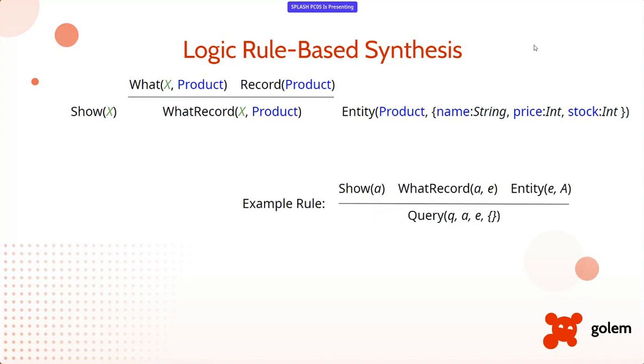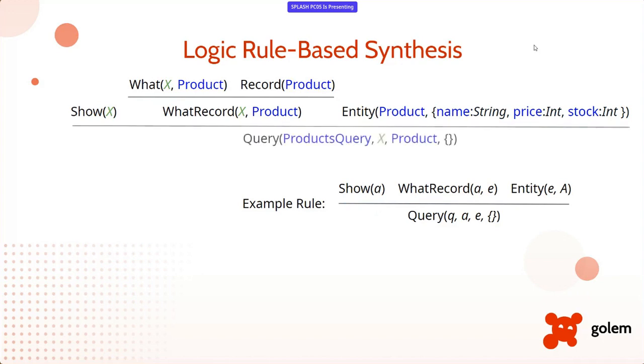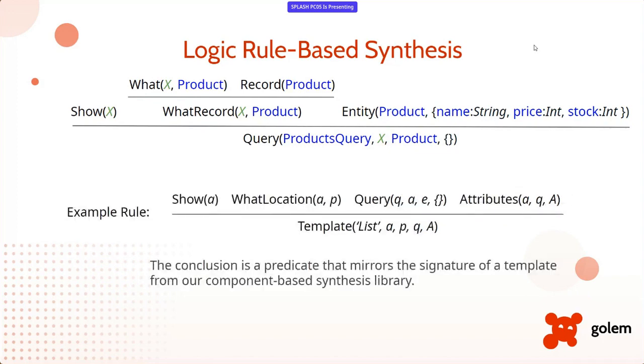Presumably product could be something other than a record, and so there would be other choices in that case. But the next step perhaps is more interesting. If we want to show something, we know it's a record, we know it's connected to an entity, then this is something we can actually make a query in the database, right? So we form a query out of these things, and we're basically building up this tree. Now the next step, actually in this example, we're almost done.